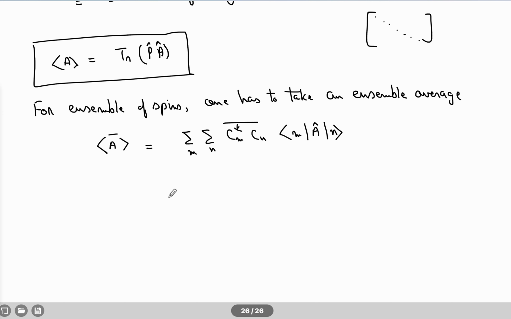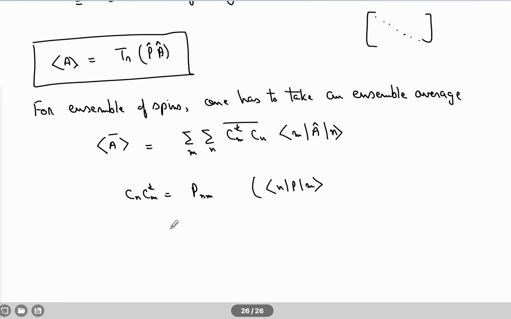Now we understood that Cn Cm star is nothing but the matrix element of the projection operator, nm, P, nm, or in other words you can write it as bra n P ket m, right?